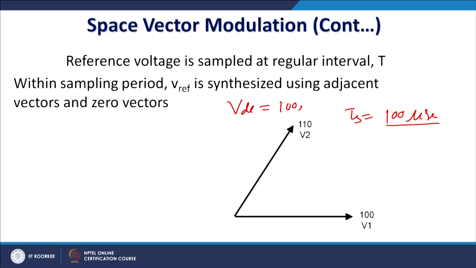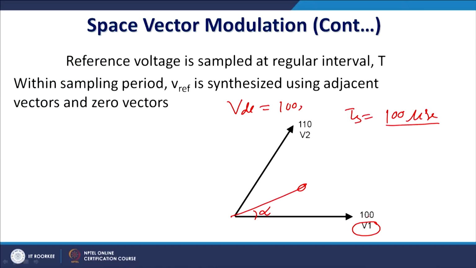Let us consider that your point is somewhere here, in the first quadrant. This angle alpha will be given to you along with the magnitude, and you need to know for how much time within the period TS the V1 voltage is to be applied, and for the rest of the time the V2 voltage is to be applied, and whatever time is left over, we shall apply the null voltage.